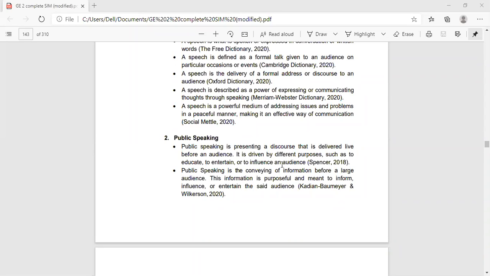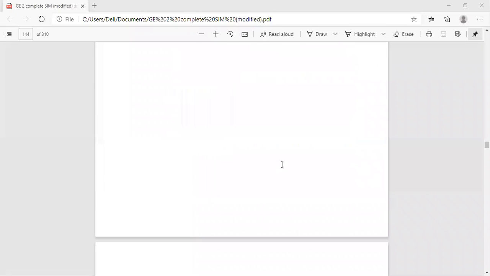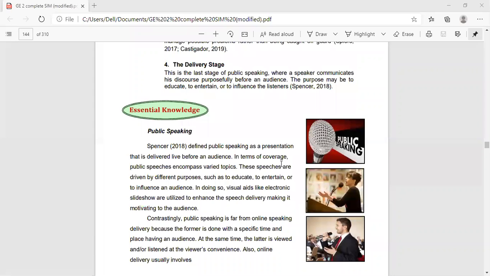Next, public speaking is the conveying of information before a large audience. This information is purposeful and meant to inform, to influence, or to entertain the audience. It's not just addressed to one person or a small group of people, but designed for a large number of people. It's different from social media as well.